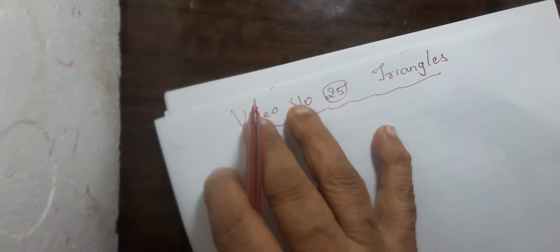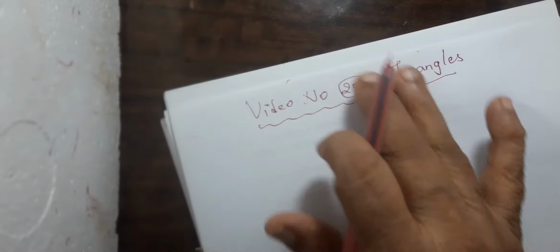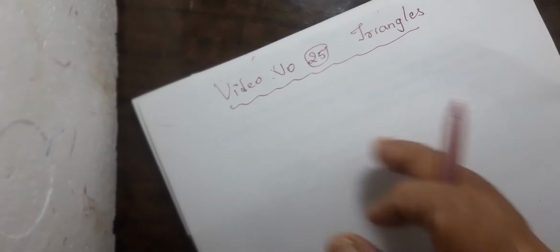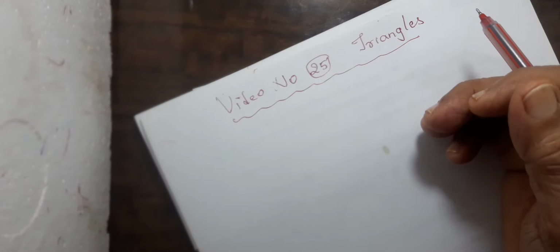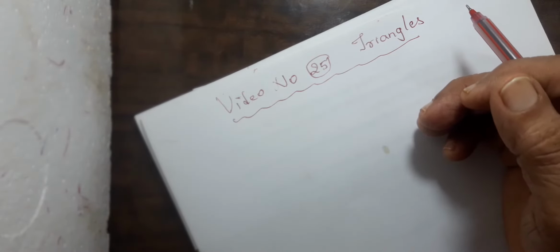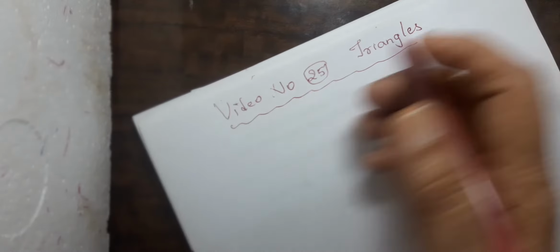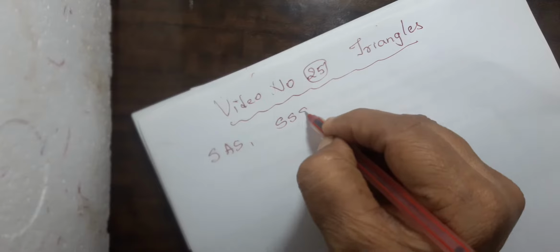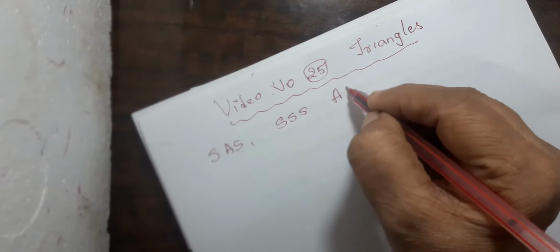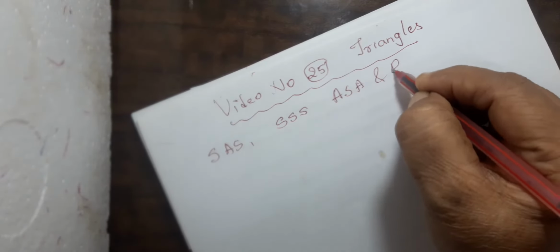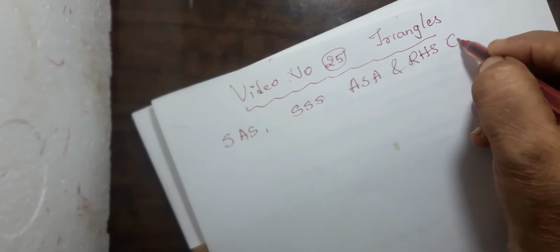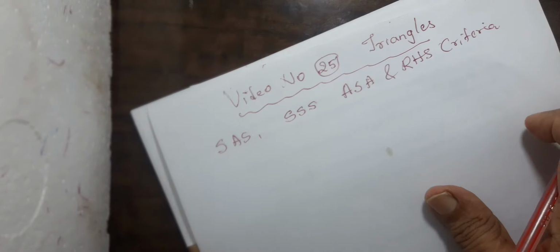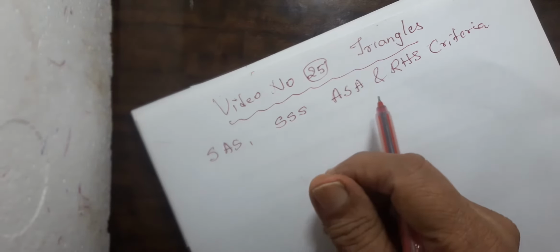Now next, I am going to tell you about these things. First of all, I have told you the other day, for congruency of triangles, you had some criteria: SAS, then SSS, then ASA, and RHS. These criteria you had, and you used them to prove the congruency of two triangles.